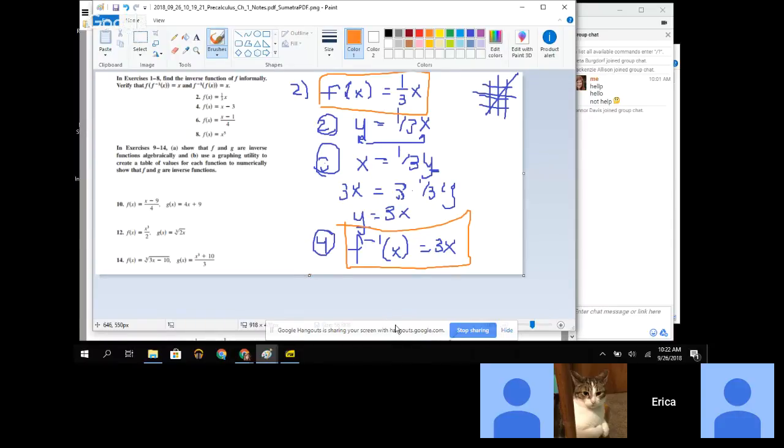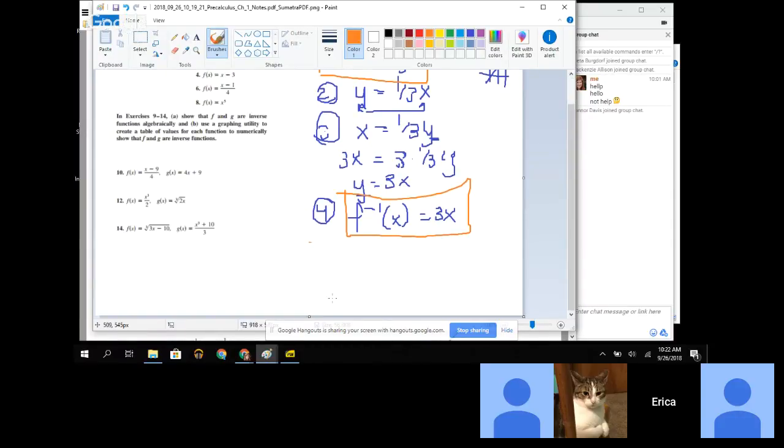This is a quick thing you can do. What is f inverse of f of x? It's 3 times 1/3 x, which is x. Oops, I'm off the screen.